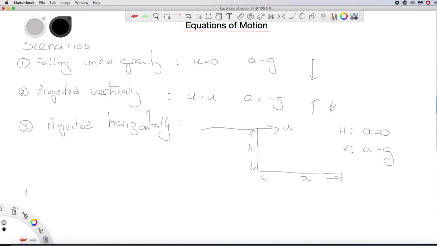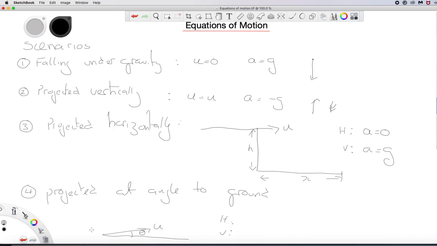The fourth scenario, which we don't so much need to deal with, but we're going to do anyway, is projected at an angle to the ground. And so here you have your ground. Let me try to do that horizontally. And you project with a velocity at some angle. And again, you're going to have to consider your horizontal and your vertical.